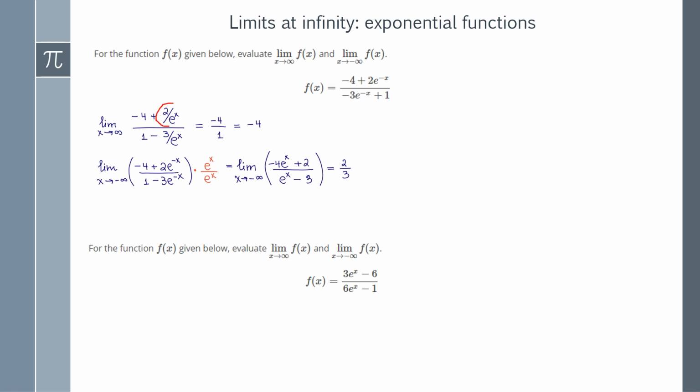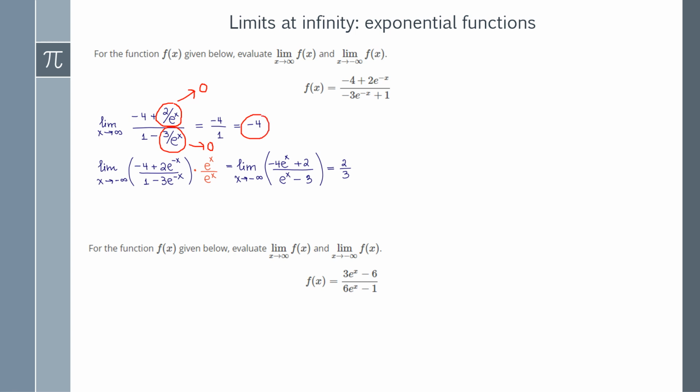This term right here, 2 over e to the x, goes to 0. And the term in the denominator, negative 3 over e to the x, also goes to 0. So we are left with negative 4 over 1. The limit as x goes to positive infinity of this expression is negative 4.